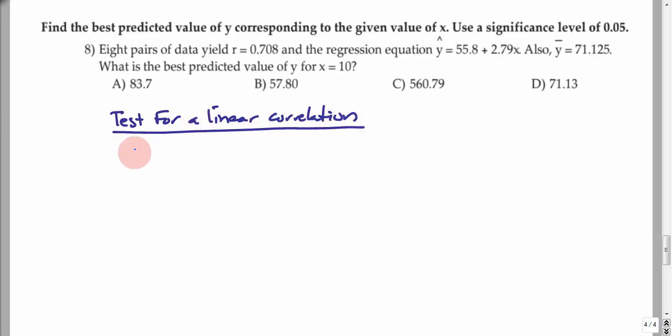So two things can happen. One, if there is a linear correlation, if I fail to reject HO, meaning there is some sort of a linear correlation, I'm sorry, I better write out HO and HA first, and that will make more sense.